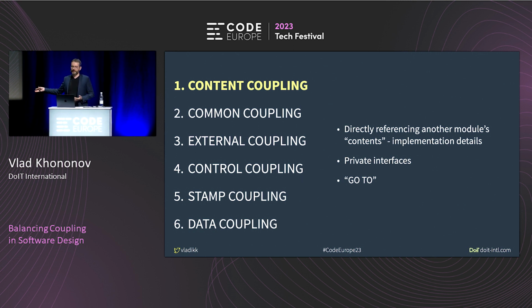Now, back in those days, a poster boy example of content coupling would be the go to statement. Go to line number something. That means you know exactly what is written on that line. And if, God forbid, that line changes, your module is going to be broken. It won't work anymore.